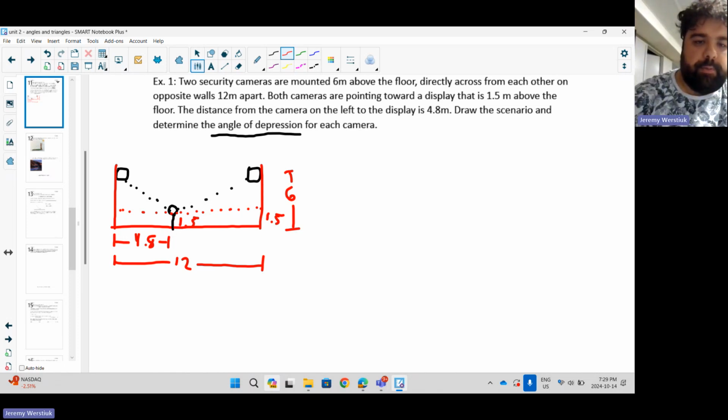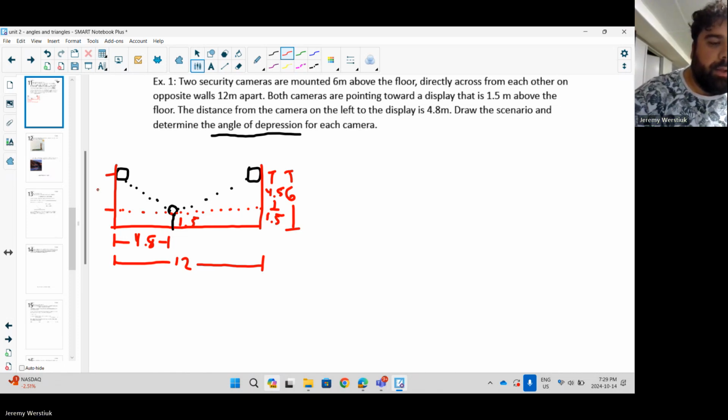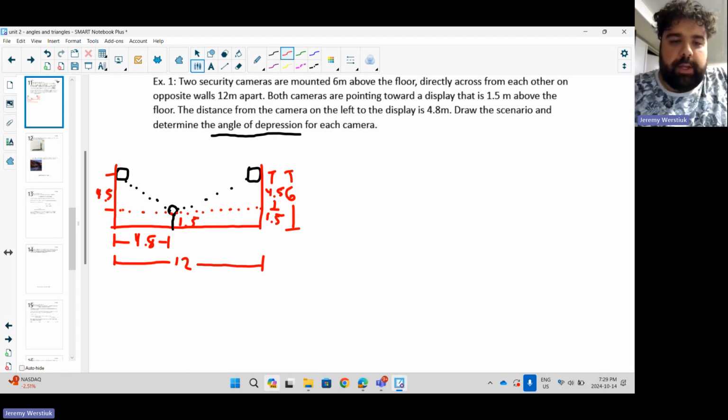So that means from the security camera down would be 4.5 meters. Right, the height of this little triangle that I've made is 4.5 meters, because 4.5 plus 1.5 gives me a total height of 6.